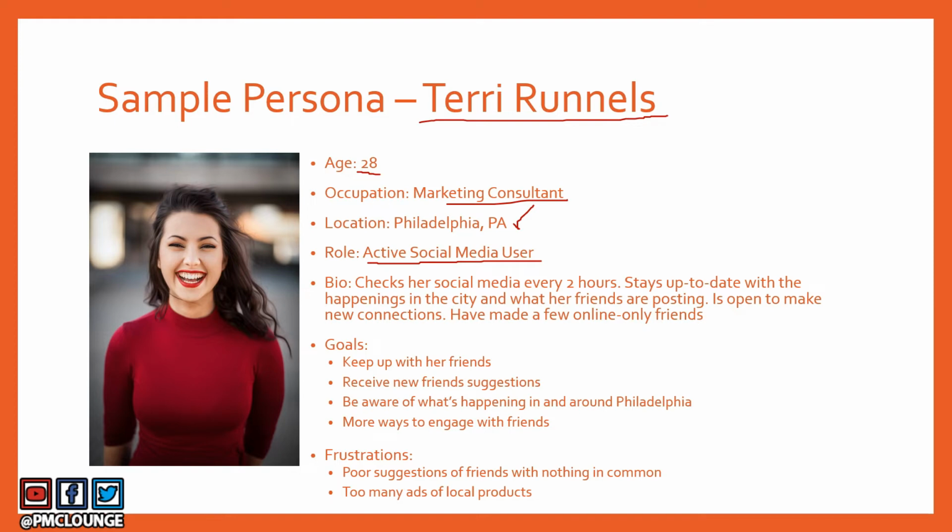So the kind of role that you have assigned to Terry here is that she is an active social media user. Now, of course, you can create multiple personas for your project, right? You can create a persona for a user who is not an active social media user. You can create a persona for someone who is mildly active, right?